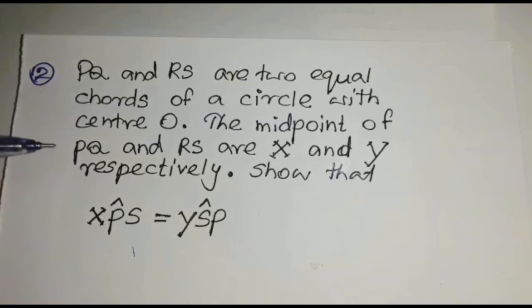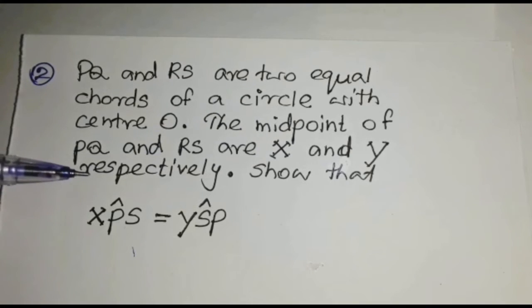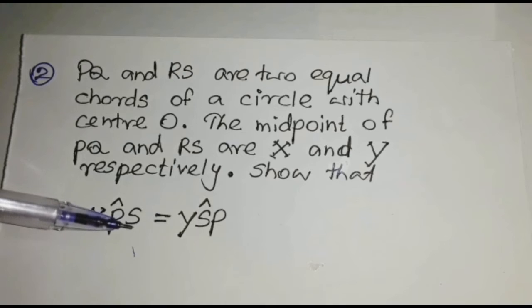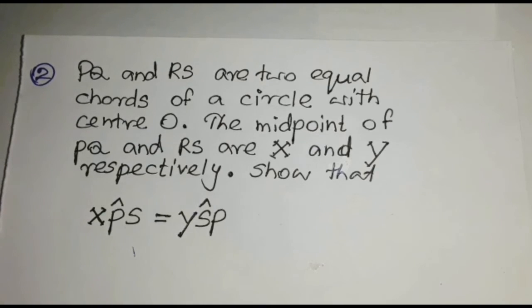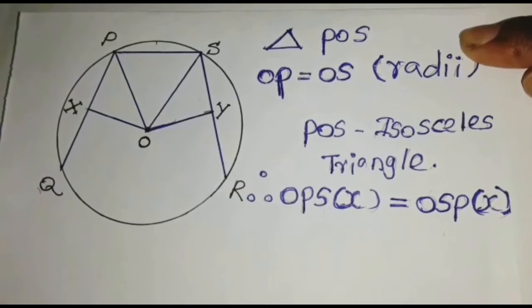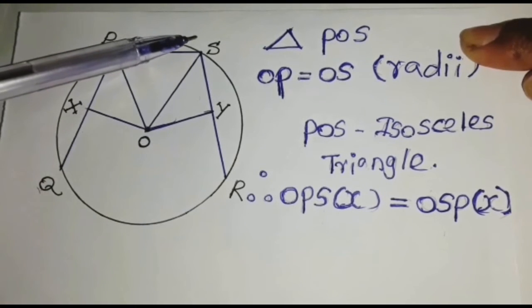The midpoints of PQ and RS are X and Y respectively. Show that angle XPS equals angle YSP. Now look at this figure. According to the sum, PQ is a chord and RS is a chord.